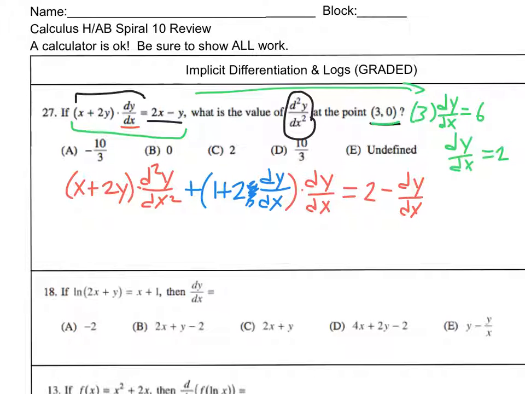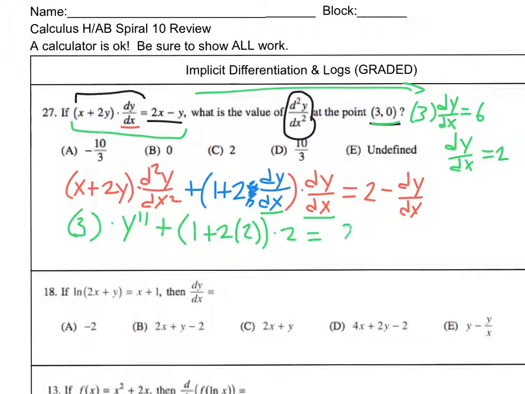So now when I plug stuff in over here, we've got 3. The 0 part goes away. This is the second derivative. I'm just going to write that as y double prime. These mean the same thing, but it's less for me to write. And then we've got plus 1 plus 2, and we said dy/dx was 2.